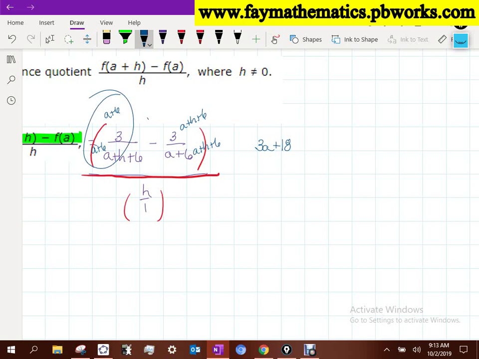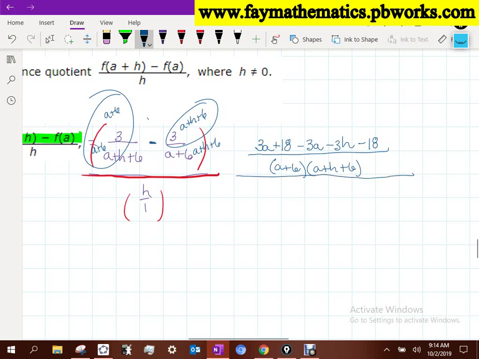This one, along with the negative that needs to be distributed, should be negative 3a minus 3h minus 18. And now the purpose of creating a common denominator was so I could write this as a plus 6 over a plus h plus 6.